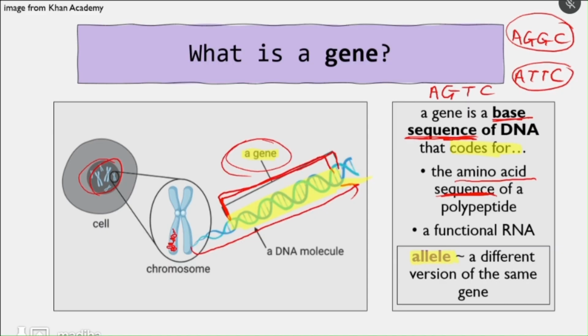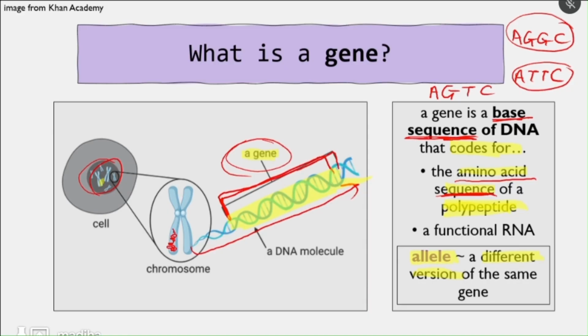This would code for brown hair. You could have a different version in a different chromosome, in the exact same place, that could code for blonde hair colour or something. So they would be alleles because they're different versions of the exact same gene. They're coding for the same polypeptide, which is hair colour, but they're different versions, they're coding for two different things. So that's just something to be aware of.